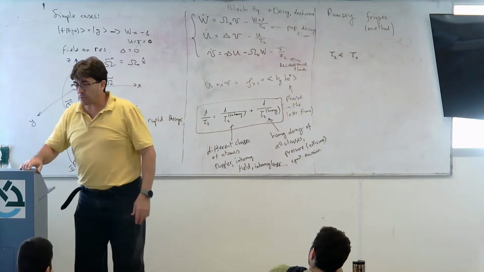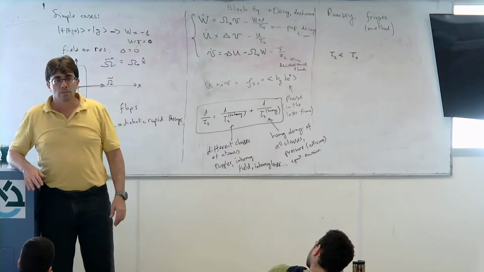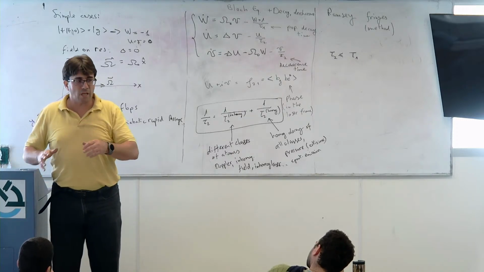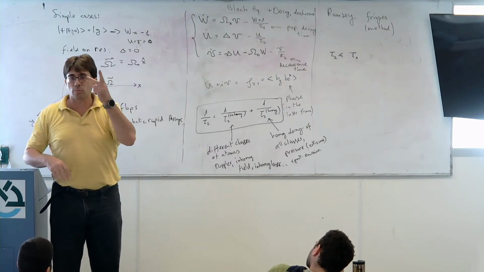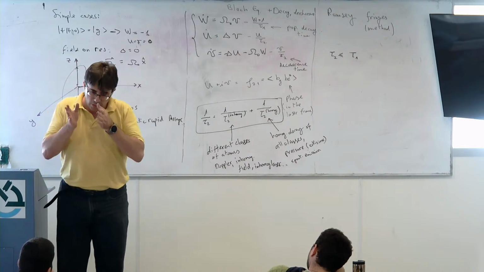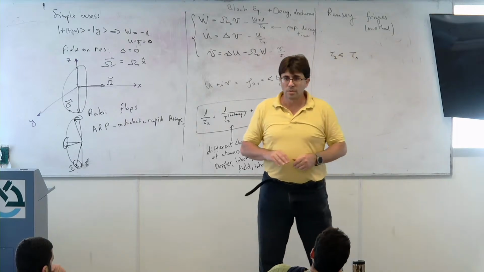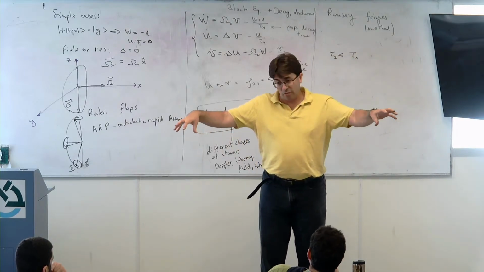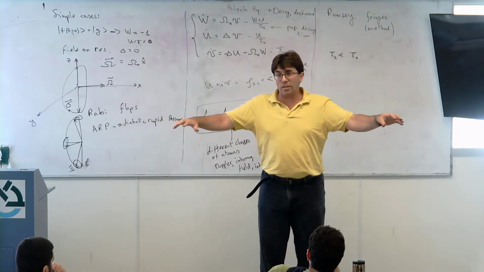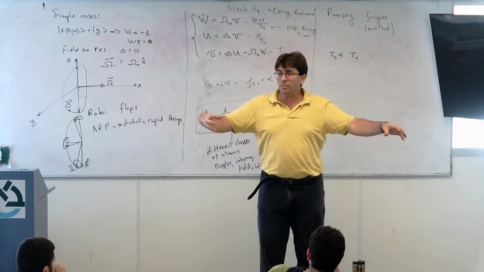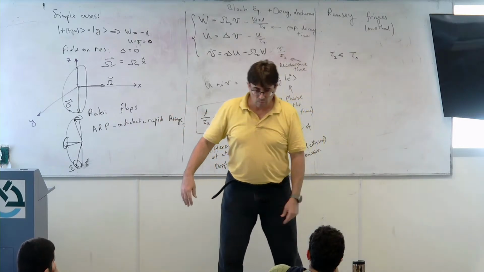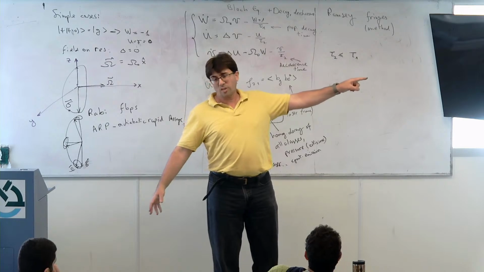And then what Ramsey said, okay, you don't need to make that radio cavity so large, you just need to make 2 small cavities. One in the beginning of the pipe, and another one in the end of the pipe. And you shine your RF field on both of them. So what do the atoms see? They pass through one, so they get excited very quickly.